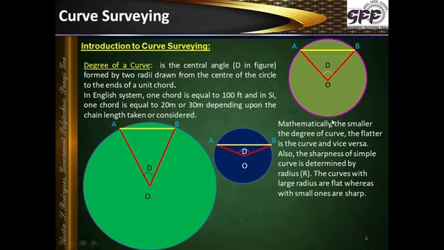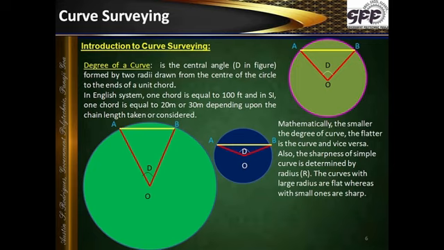On this circle, when I place this chord of 1 unit, whatever angle is made by drawing the radii from the ends, from A and from B, that angle is known as the degree of the curve. Whatever the curve may be, I take the unit length and place it there, draw the radii, and whatever angle is formed is called the degree of the curve.